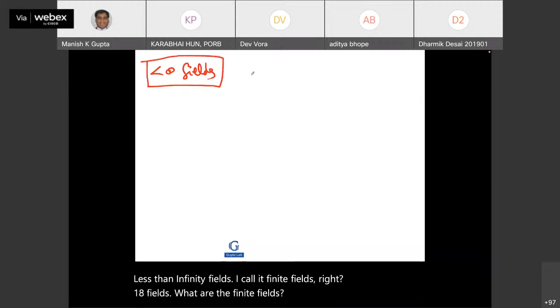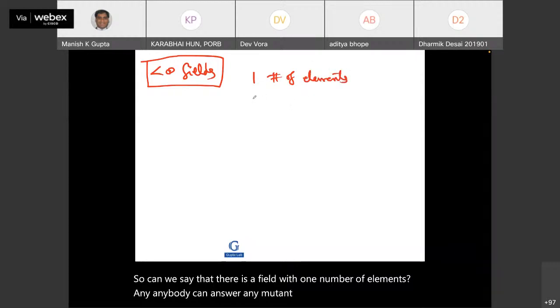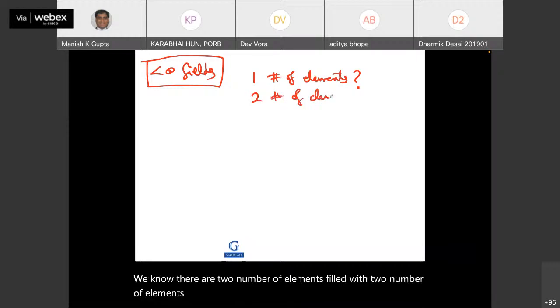Can we say that there is a field with one element? Anybody can answer, unmute and answer. Is there a field with one element? We know there is a field with two elements, right? Which is the one? Integers modulo 2.